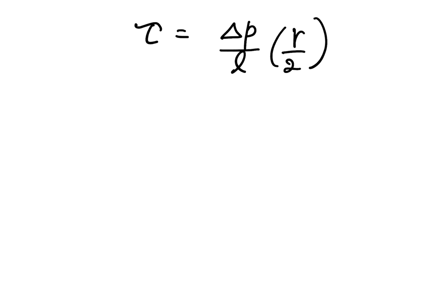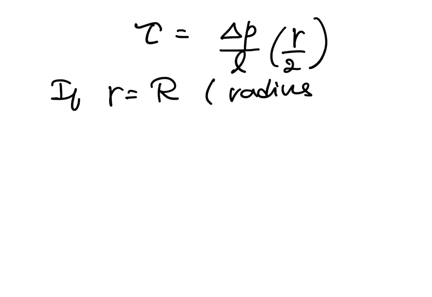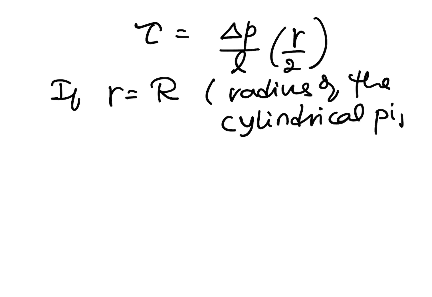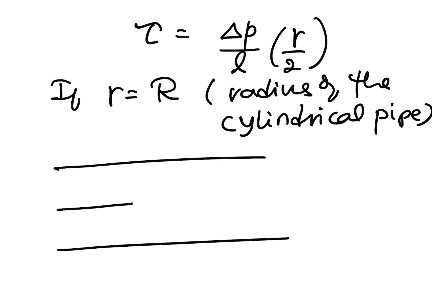Now if I set r equals uppercase R, the radius of the cylindrical pipe, with r being a variable and this surface being r equals R, when r equals the radius, we have tau equals the wall shear stress.